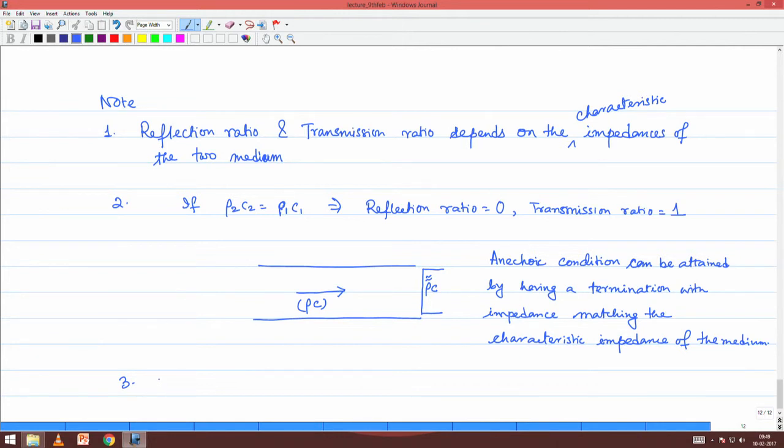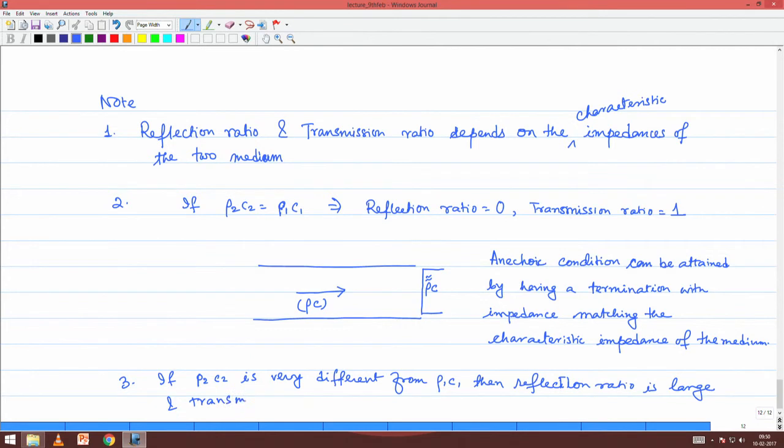So, we will quickly conclude with this note that if rho 2 C 2 is very different from rho 1 C 1, then the reflection ratio is large and the transmission ratio is reduced.